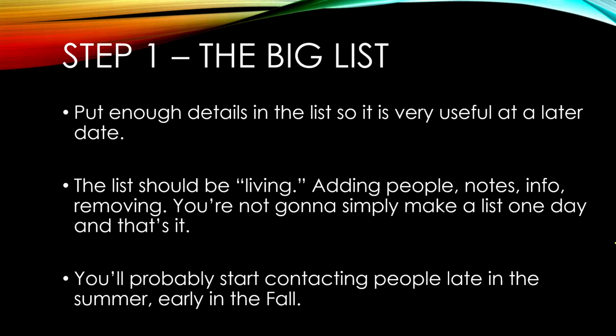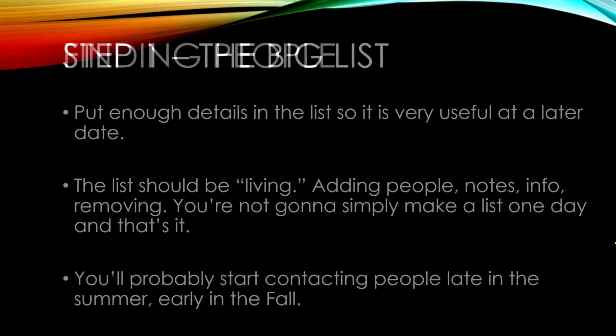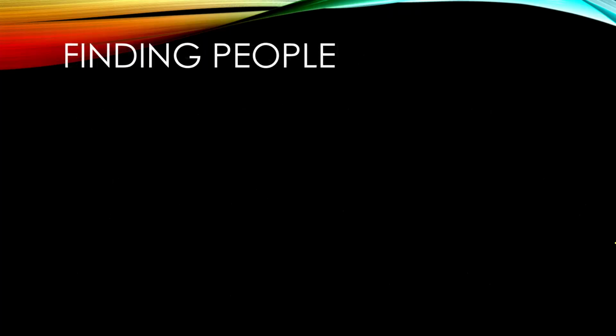But that's probably when you're going to shift from building this list of lots and lots of people to winnowing it down and contacting some people. That's just to give you an idea. So, right now, what we're concerned with is building this list.